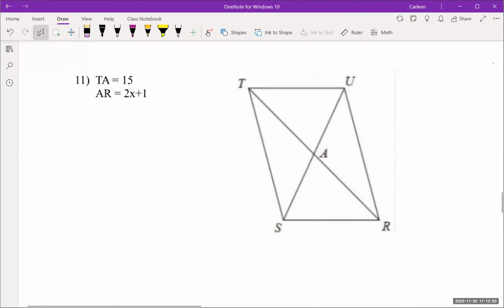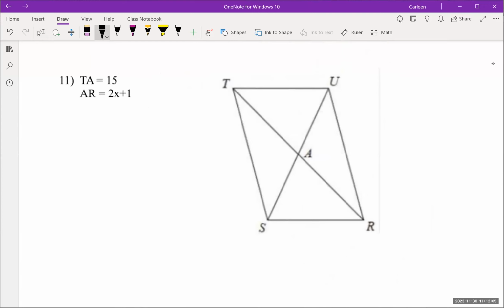Next. Okay, this is, let's see. RSTU is a parallelogram.